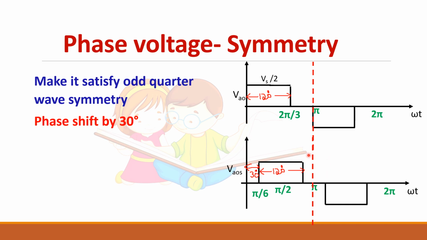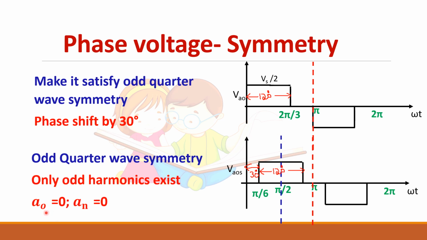So half wave symmetry is satisfied, and if you see this side also, you will get odd symmetry. So this waveform satisfies odd quarter wave symmetry. So if you see here, this side and this side remain same. So A naught and An terms become 0 and only odd harmonics will be there. Even harmonics will become 0.